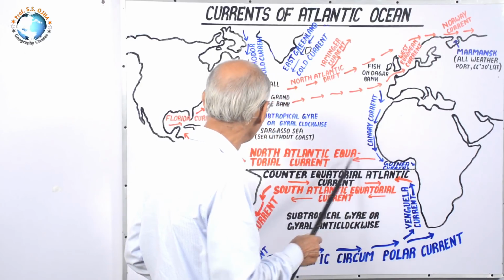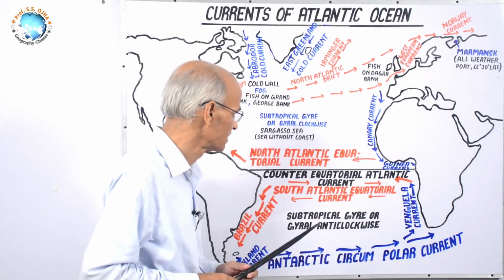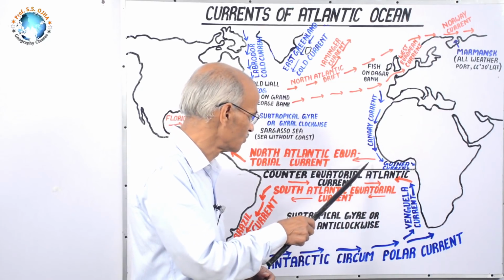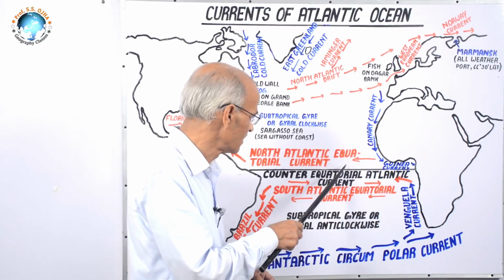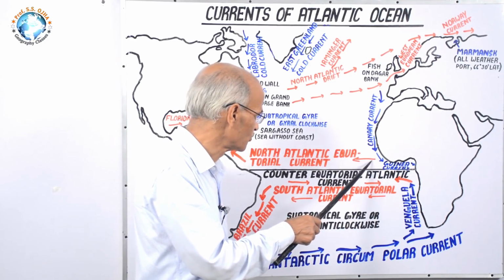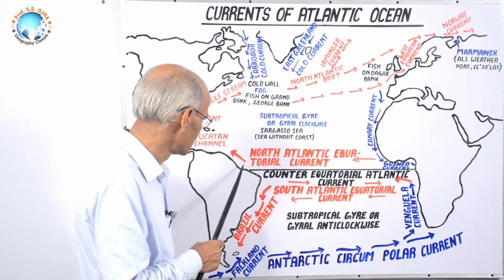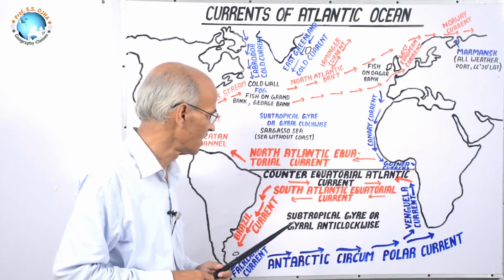and that too with the North Atlantic Equatorial Current that flows parallel to the equator in its north, and it starts from Guinea coast and collides here on the northeastern coast of South America.